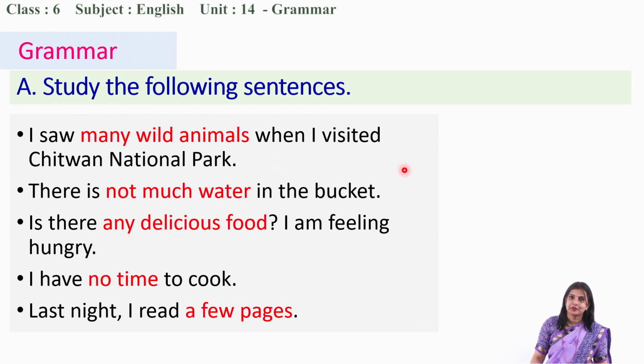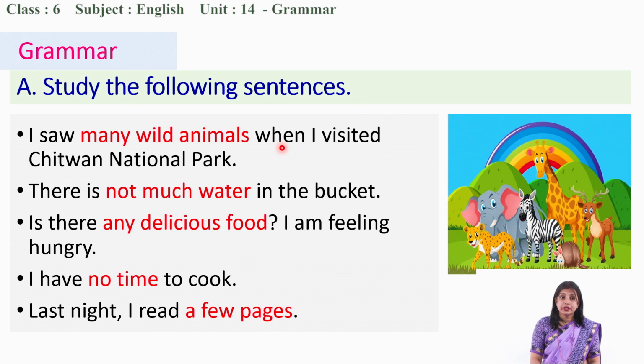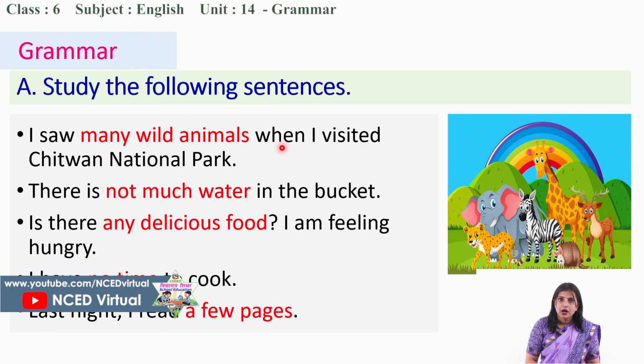So let's read. I saw many wild animals when I visited Chitwan National Park. Have you visited Chitwan National Park? It's very big. Of course, if it's very big, there are lots and lots of animals. There are many animals in Chitwan National Park.